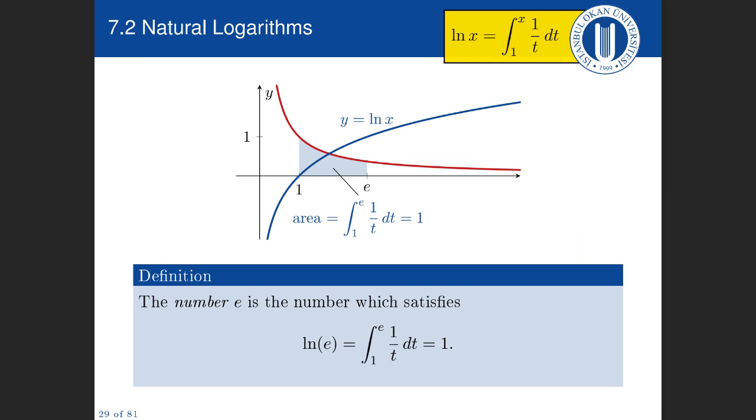The number e is the number which satisfies ln of e is equal to 1. Or in terms of area under the graph, e is the special number such that the integral from 1 to e of 1 over t dt is equal to 1. We'll come back to talk about this number later.